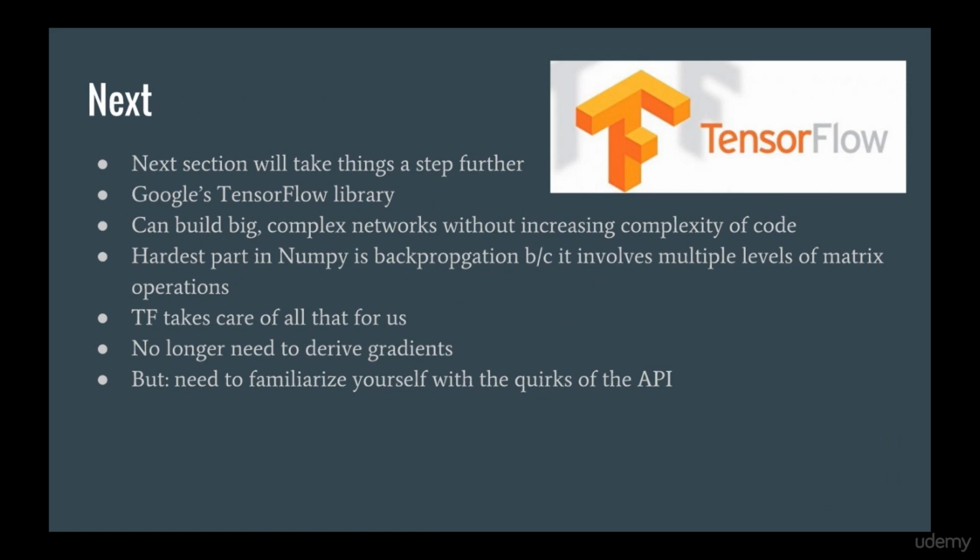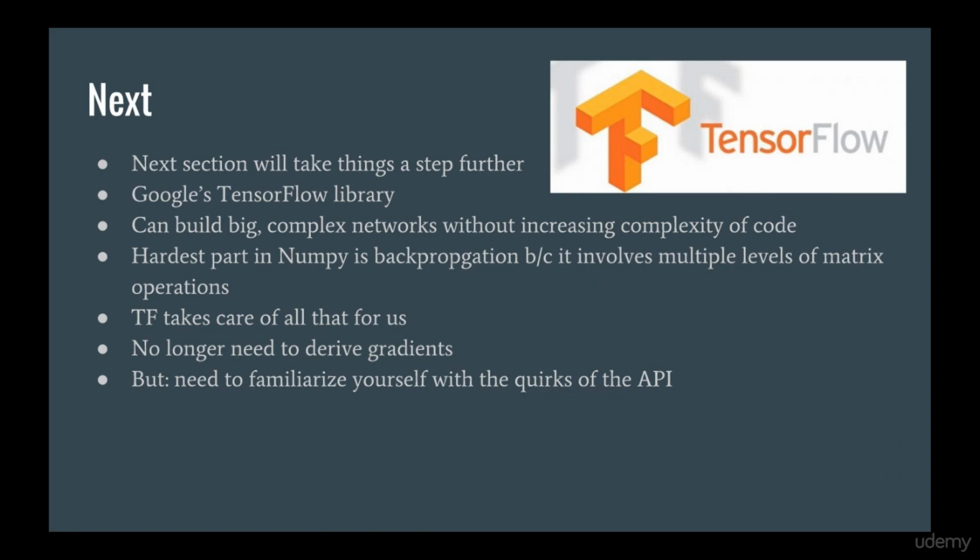In the next section, we take things a step further. As you probably already know, Google has a very popular deep learning library called TensorFlow. TensorFlow is very useful because it allows us to build big, complex networks without increasing the complexity of our code. In particular, you may have noticed that the hardest part for us was writing backpropagation in code, since it involved multiple levels of matrix operations.